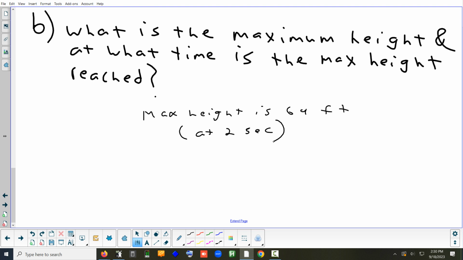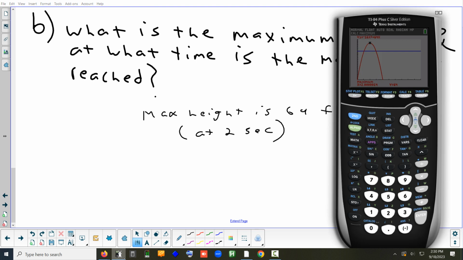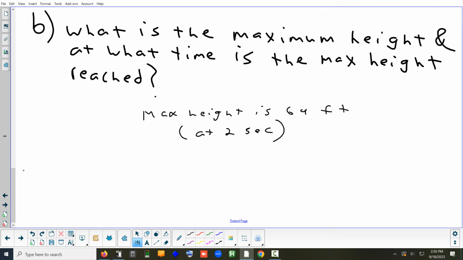Any question on that? And there's other ways. You do not have to use a calculator to do that. We could talk about what's called the vertex and find the vertex. That's pretty much what you did there. You found the coordinate of the vertex, which we can do other ways.